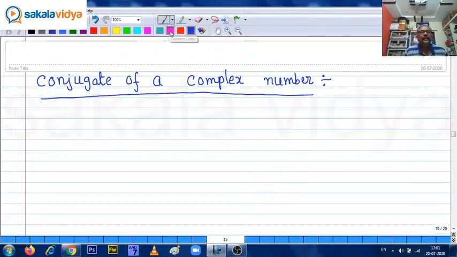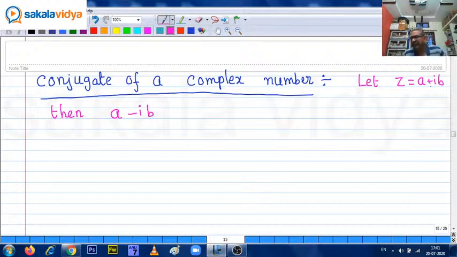So conjugate of a complex number. Let z is equal to a plus ib, then a minus ib. Just change the sign of imaginary part. If plus is there, minus is there.